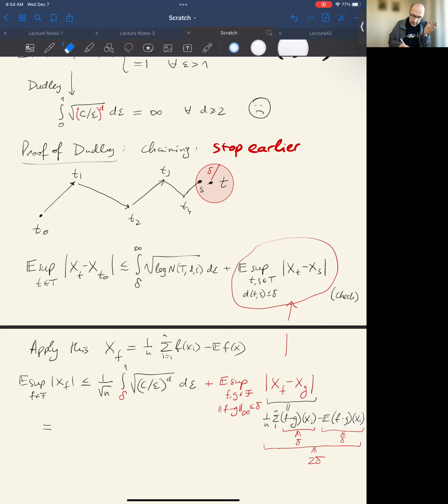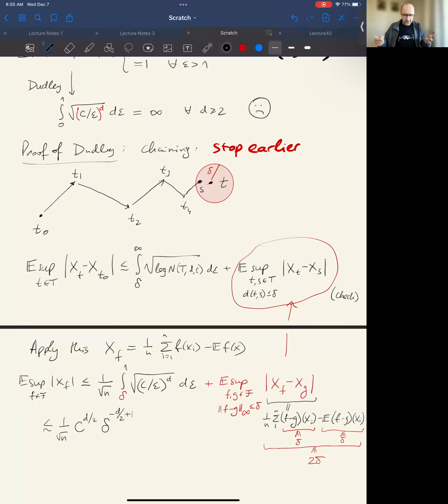The first integral is now, let's see, it's 1 over root n. Then let me put C to the d up front, d over 2, and then 1 over epsilon to the d over 2. That's going to be something like delta to the minus d over 2 plus 1, I think.